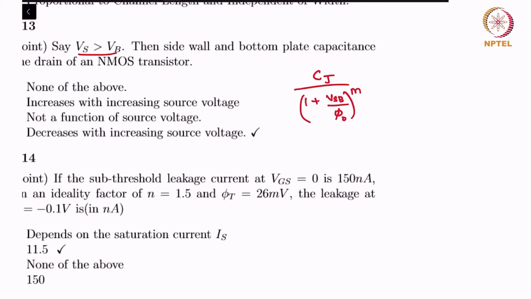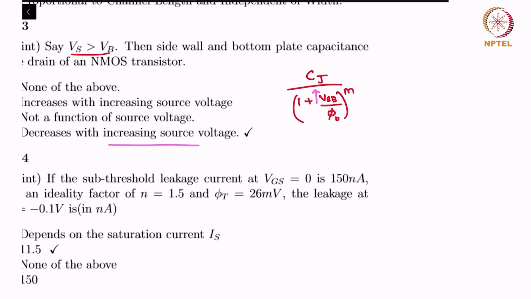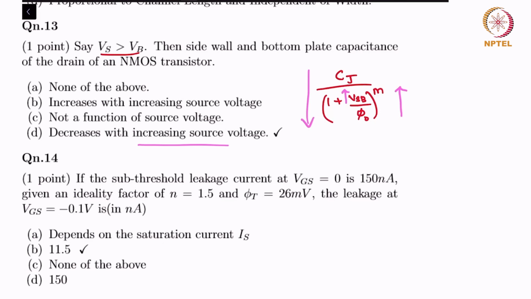Now if Vsb increases, increasing source voltage means Vsb increases, then the denominator increases, so the capacitance overall decreases. So the answer is decreases with increasing source voltage.